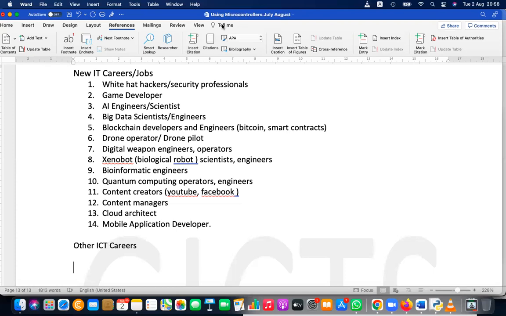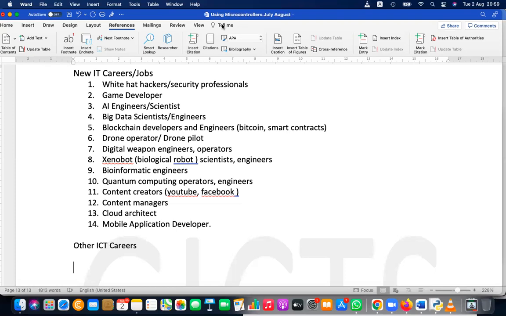We are using drones like toys and all, but this group of people are trained specially about drones. So these people are called drone operators.